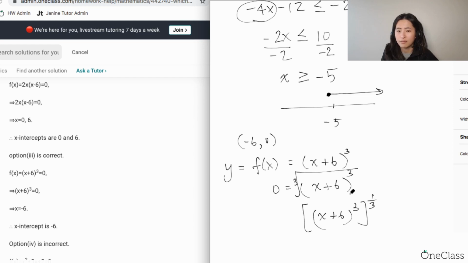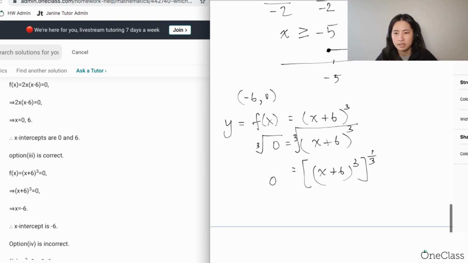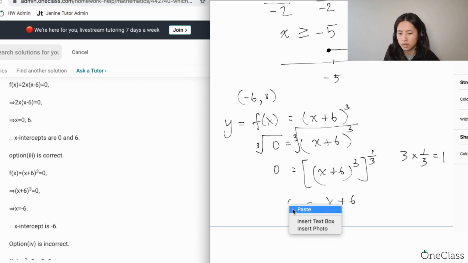If you raise a power to another power, all you have to do is multiply the two. That's why you get 1, because 3 times 1/3 is 1. The cube root of 0 is just 0. From there, this gives us x + 6 equal to 0.